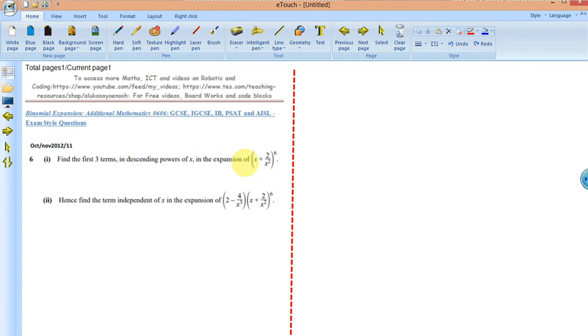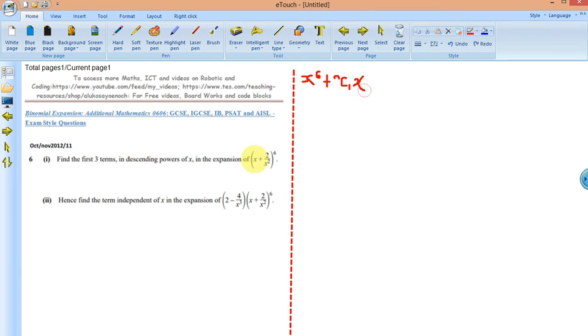So this is your A, this is your B. As this one decreases, this one increases. So I'm going to have n combination 0, definitely that is 1, then the first term x raised to the power of 6, then plus n combination 1, then in descending power of x, x goes to 5.